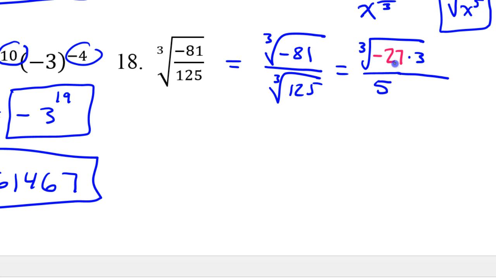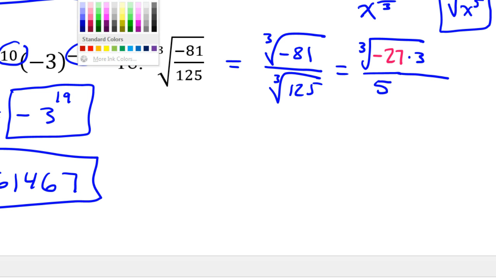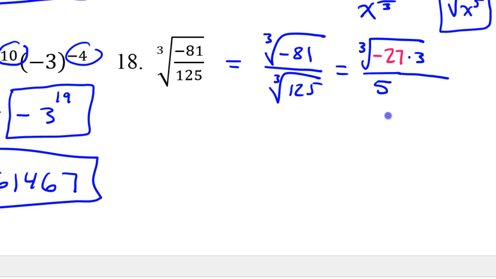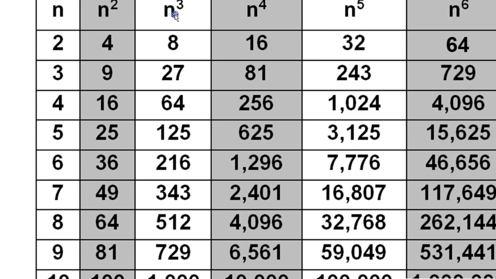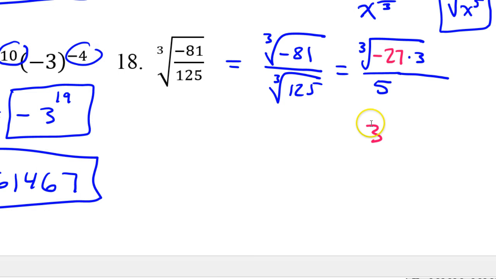So the cube root of negative 27, I can do that and bring it out. The cube root of 27 is 3. So I'm just going to have a negative 3 because it's a negative 27.